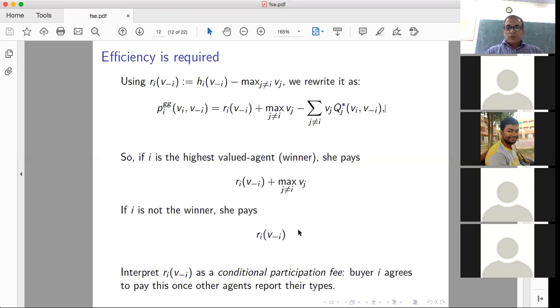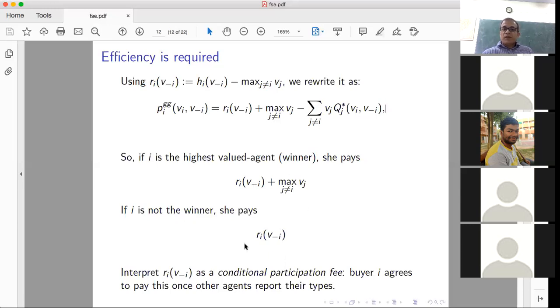So this r_i(v_{-i}) is my conditional participation fee. Buyer i agrees to pay this once other agents report their types. Independent of whether he wins or not, he pays this r_i(v_{-i}). If he wins, then he pays this additional amount, which is the second highest value.